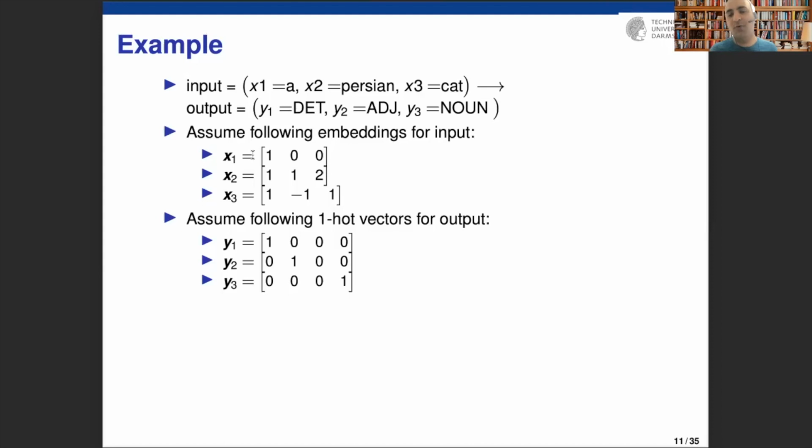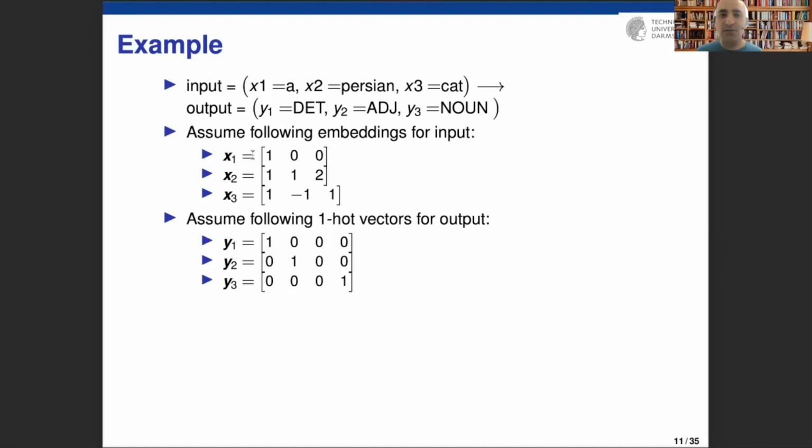If we use GloVe or word2vec, for example, we get a vector representation for each word independent of its context. So for the article A, the determiner, we get a vector representation. For Persian, we get a vector representation no matter if it is before cat or that it follows A.